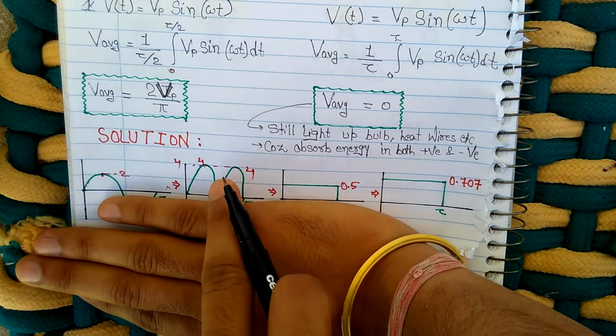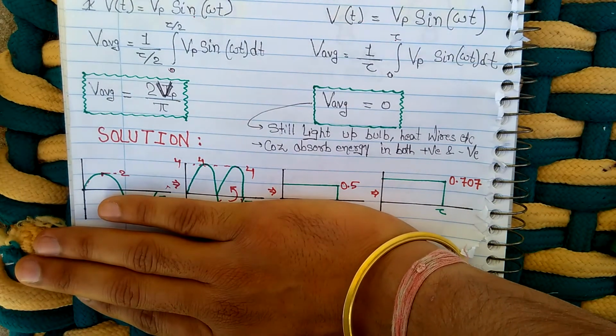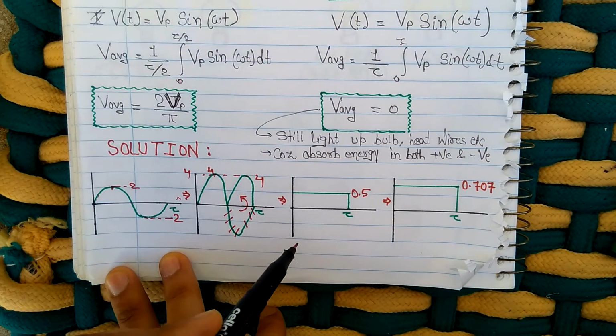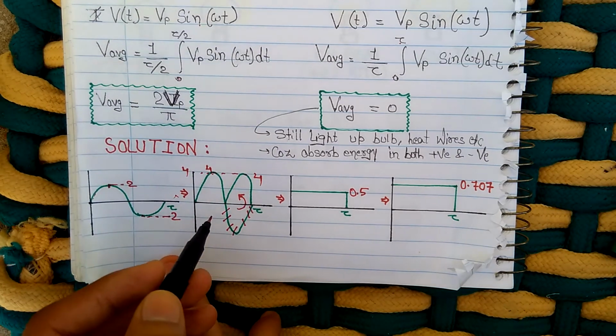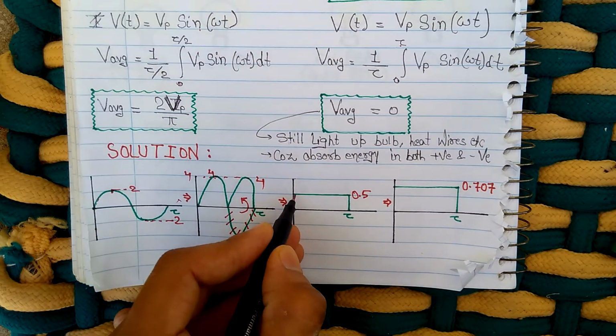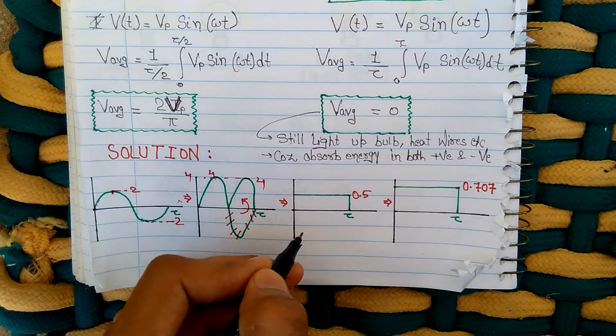Now if I find out the average of this waveform, it is possible to find an absolute value. So what I do, I find out the average of this squared value. When I find the average of this squared value, mathematically I see that the average will come out to be half of this peak value.